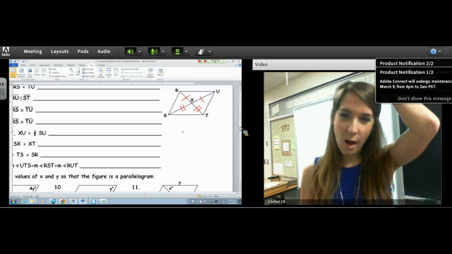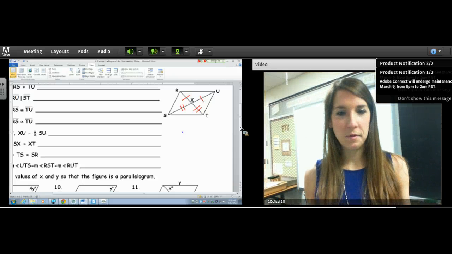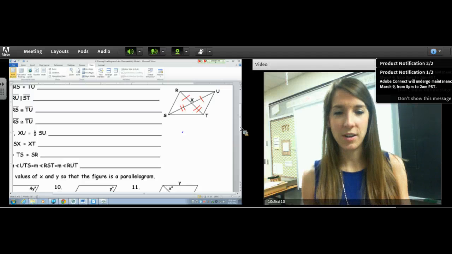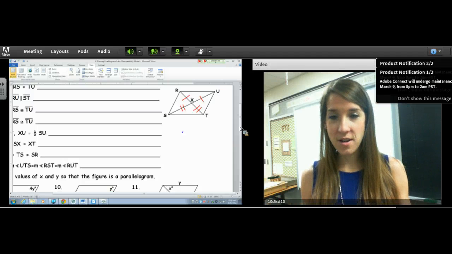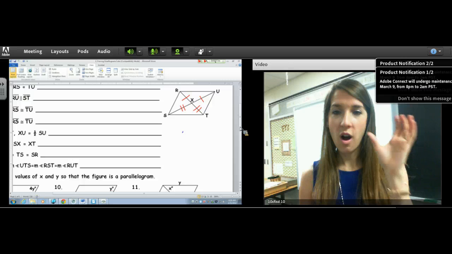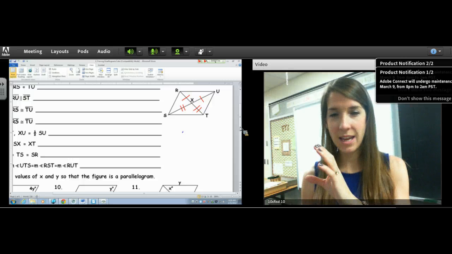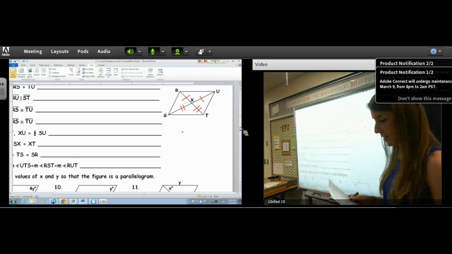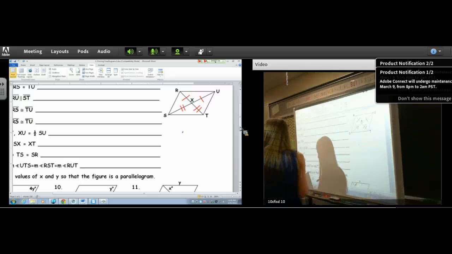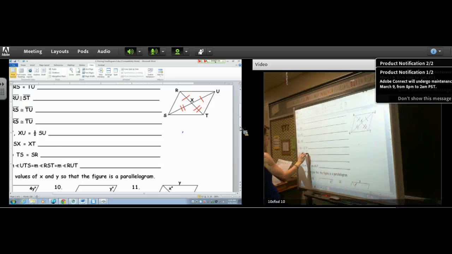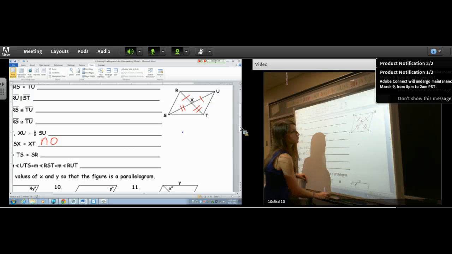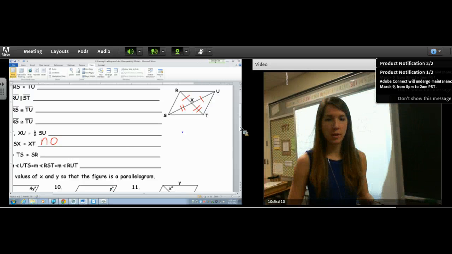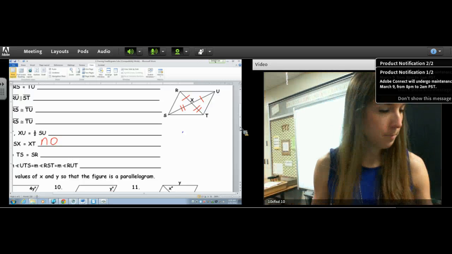So you might think, oh, we've got congruent parts of diagonals, but be careful, the diagonals are not bisecting each other. RX does not equal XT, so the diagonals are not bisecting each other. So number 6 would be an example of one that would be a no, because it's not following one of the things on that checklist. Okay?